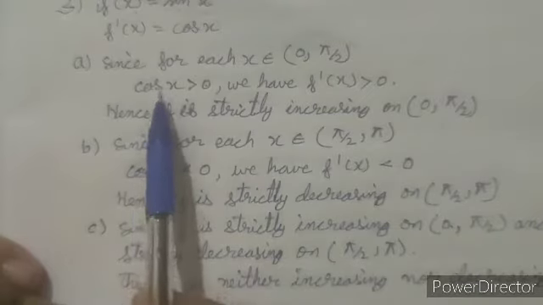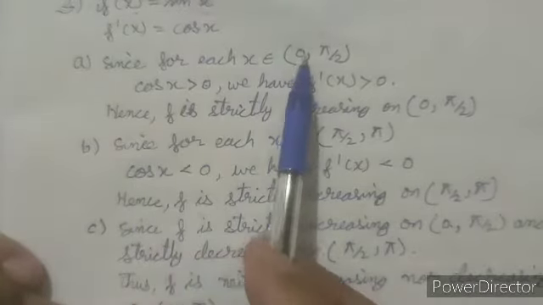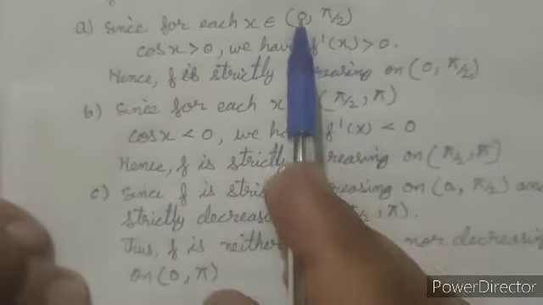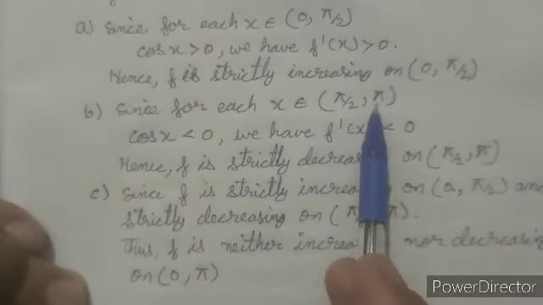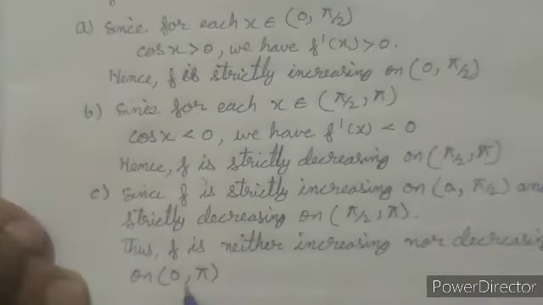Now, since function f is strictly increasing in 0 to pi by 2 and strictly decreasing on pi by 2 to pi, from 0 to pi the function will be neither increasing nor decreasing.